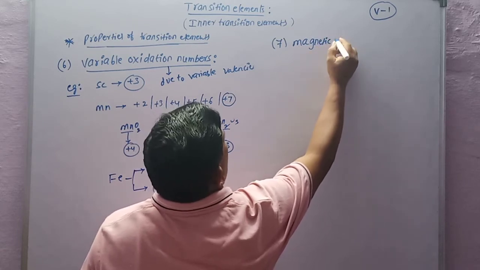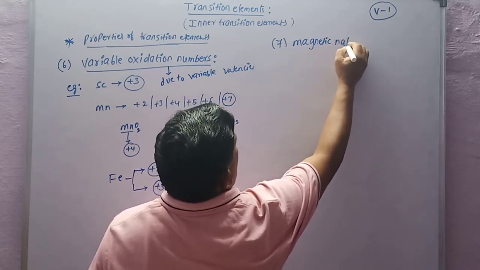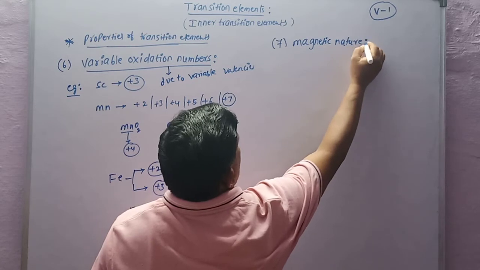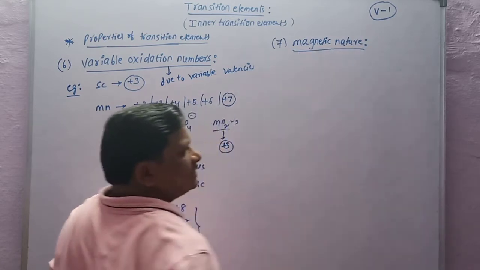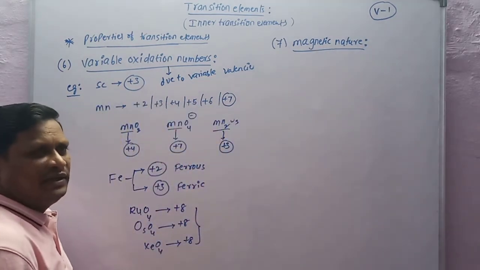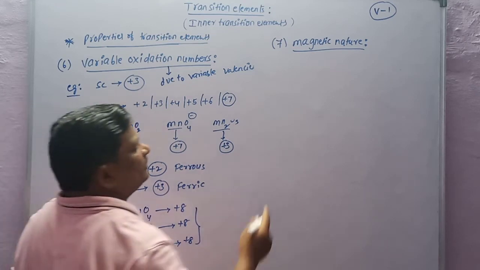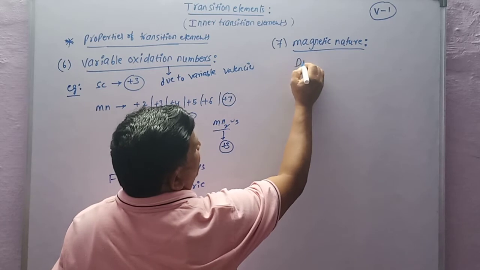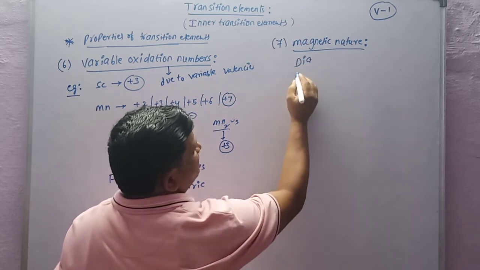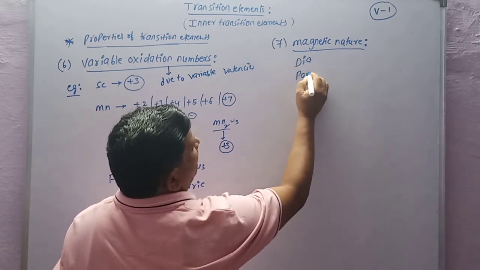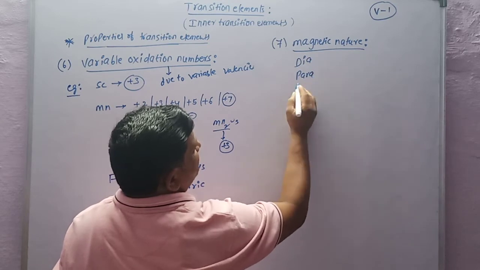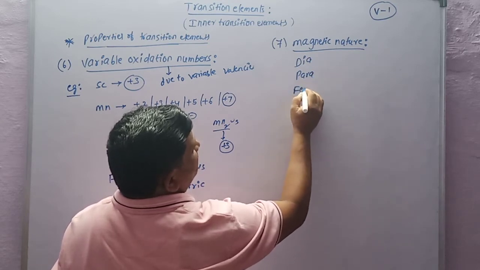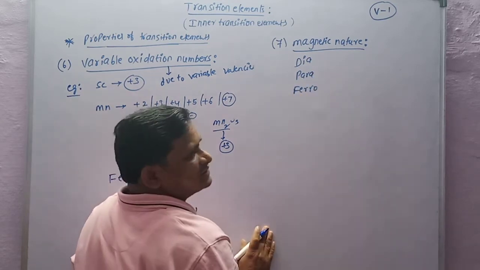Actually, magnetic property is mainly classified into three types: diamagnetic substances, paramagnetic substances, and ferromagnetic substances.